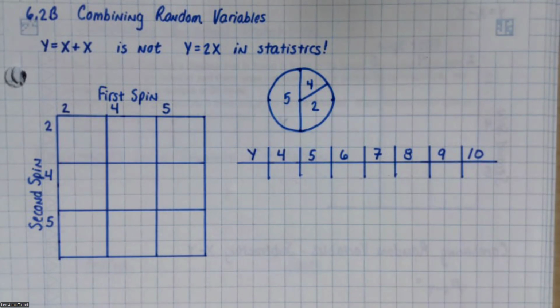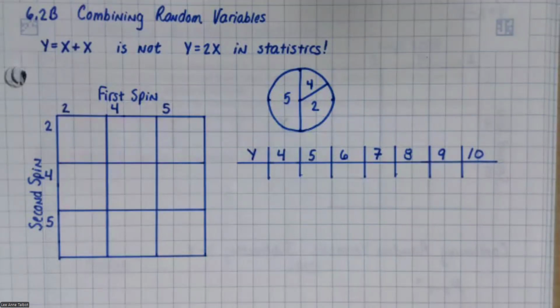Oh no. Okay, because we drilled it into your heads for so long, but it's not. Let me explain to you in this extremely embarrassing scenario what x plus x and 2x are in statistics. Okay, so pretend I'm a little kid. I know that's hard to do. And I'm at a fair or something, okay? And I walk up to the spinner and spin, and it lands on 5.